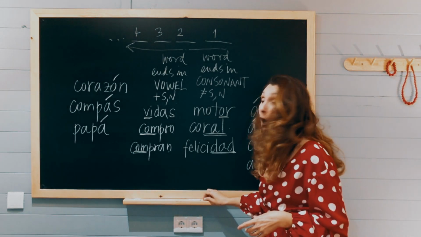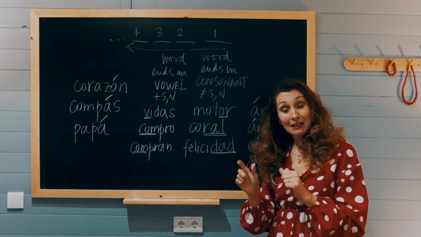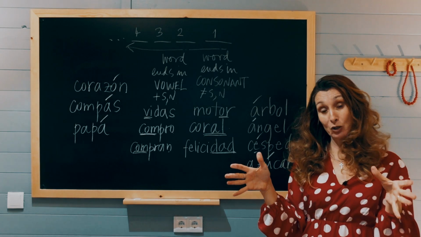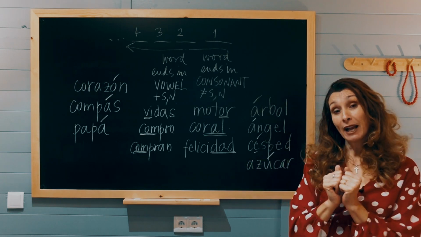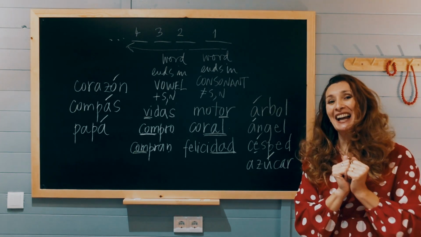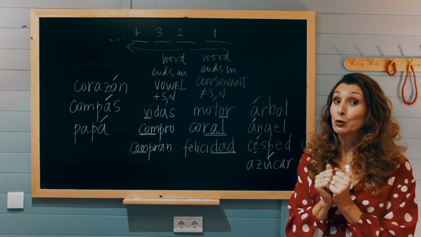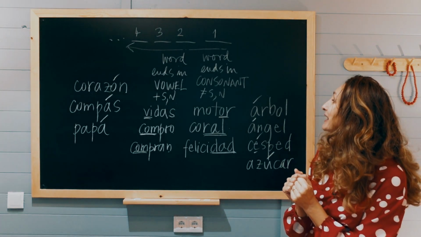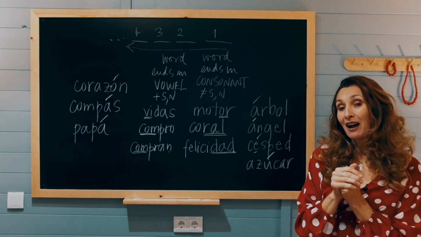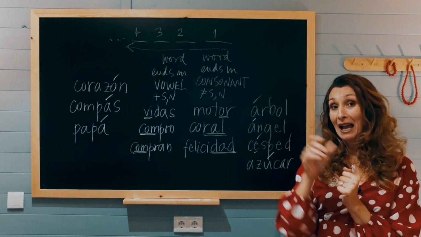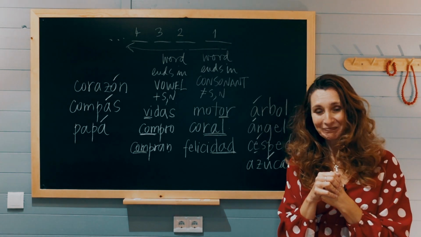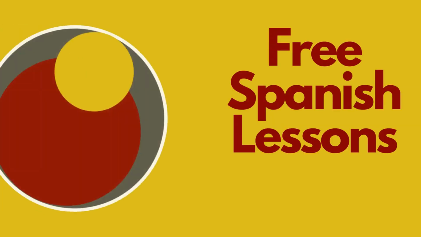Just like we did in the previous lesson, where I explained how to divide Spanish words into syllables, we are now going to go back to our text, and we are going to see if any of the words in the text are breaking the rule and need to have the tilde. Let's have a look.